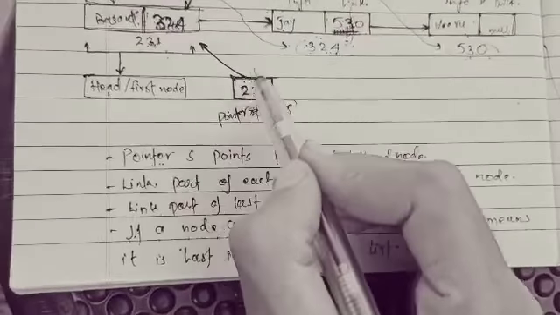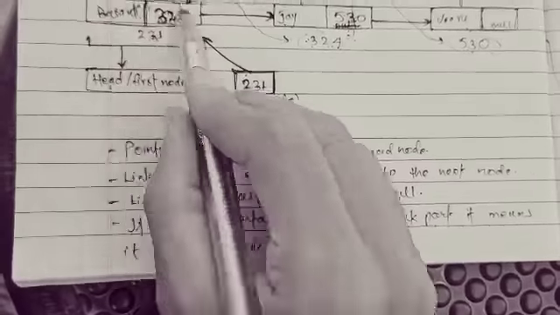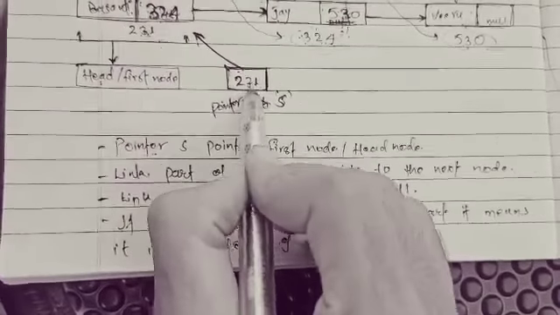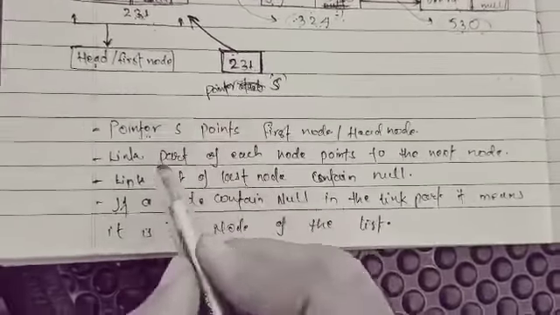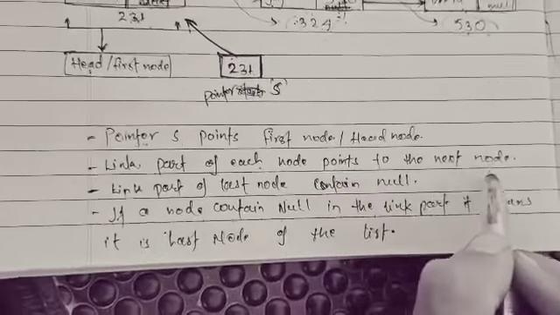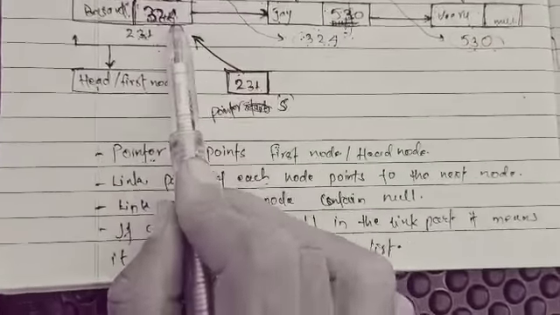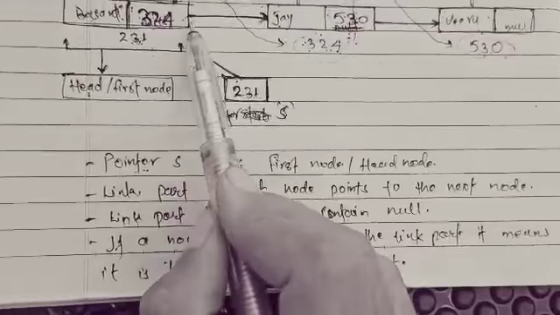It means it is a pointer, and it points to the first node. This is the first node, so it is pointed to by the pointer. Second conclusion: the link part of each node points to the next node.